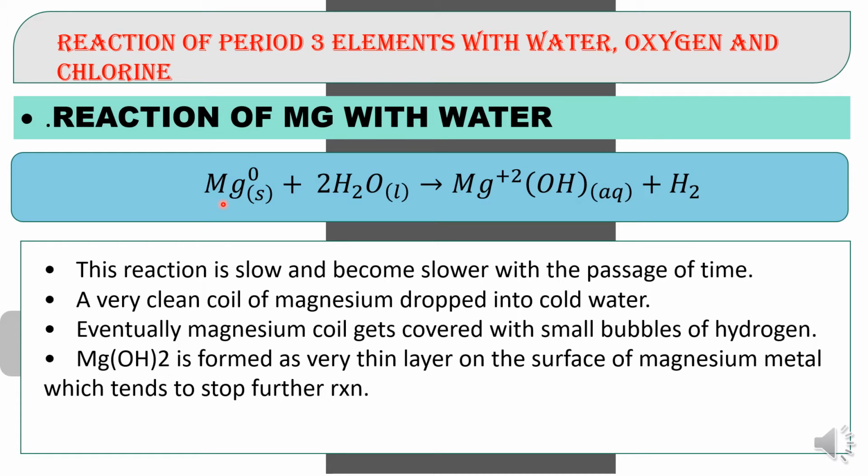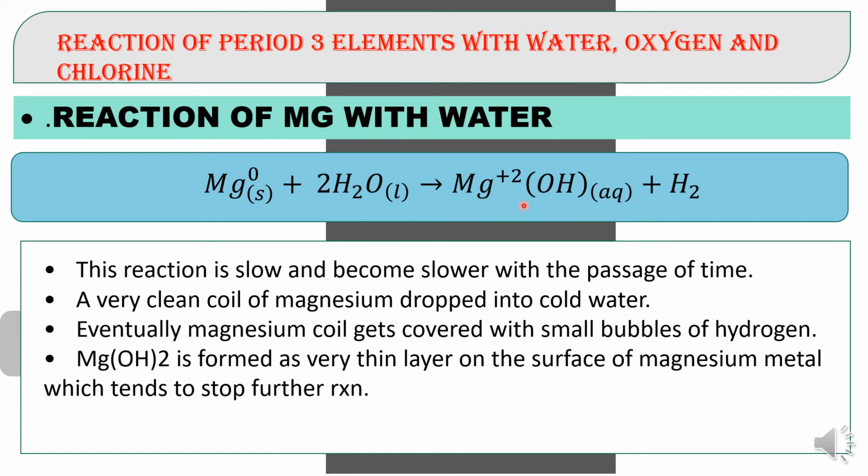It means that a lot of energy is required to lose 2 electrons from the magnesium valence shell. Okay, so this is why magnesium ionization energy is greater. Okay, so now whenever the magnesium piece is put down in water, then a saturated solution of magnesium hydroxide is formed.